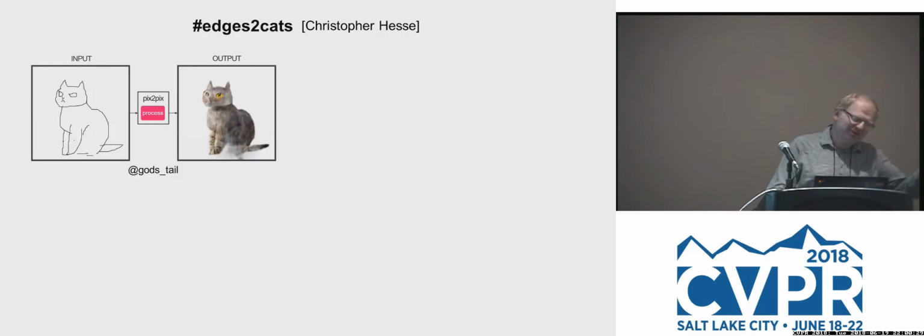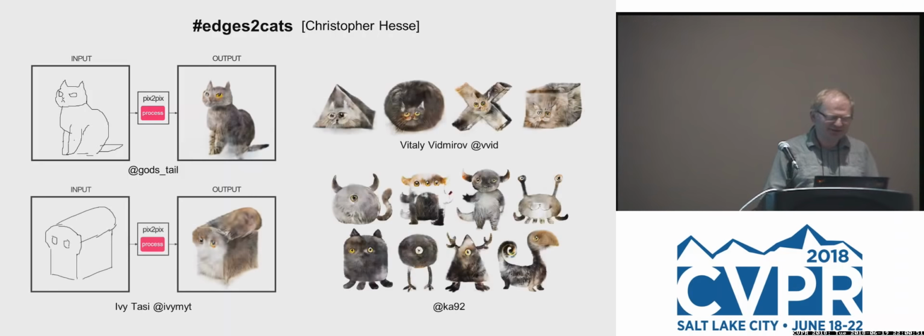And of course, pretty soon, the main purpose of the internet was revealed to us when Chris Hesse produced an app that basically uses the Pix2Pix software to create cats, and then things just went really crazy. But crazy in a kind of cool, creative way.